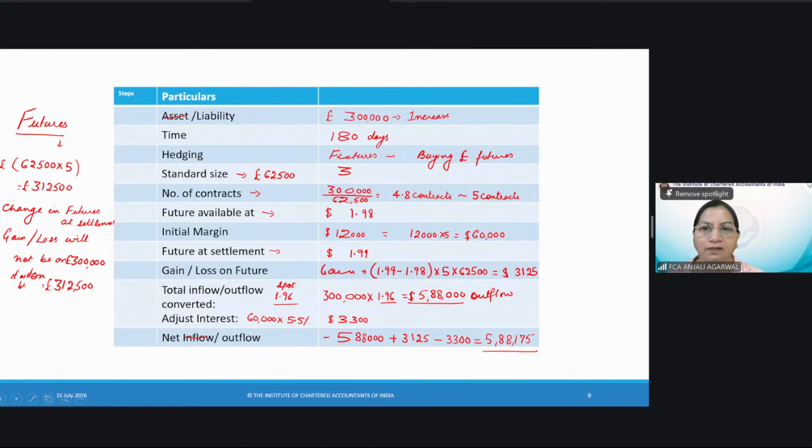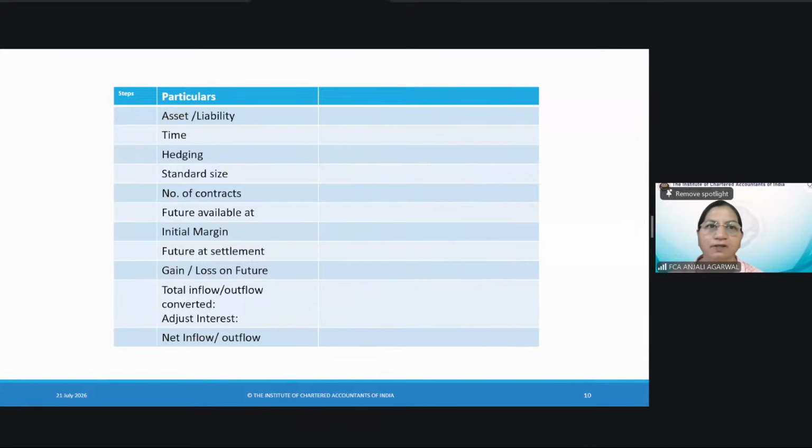Okay. The same mechanism will work oppositely if there was an asset. So if there is an asset, let's say you had 300,000 pounds receivables after 180 days, because you have receivables, you are fearing that the pound might go down. So you will sell pound futures.